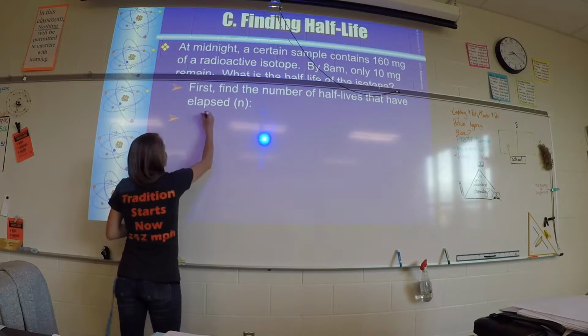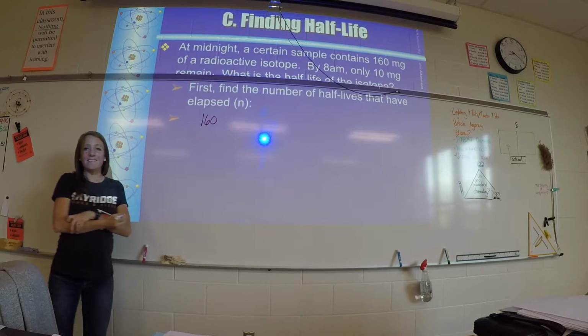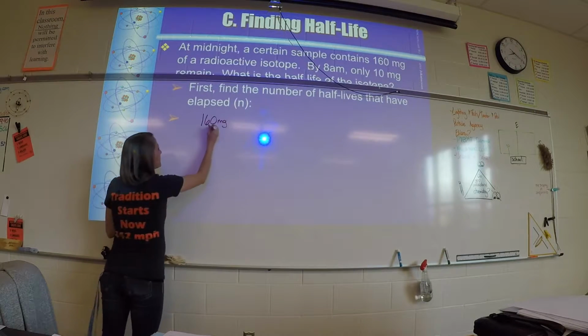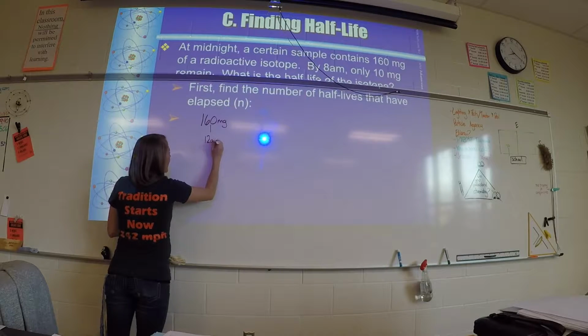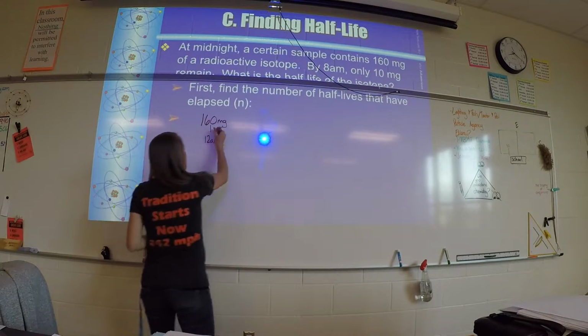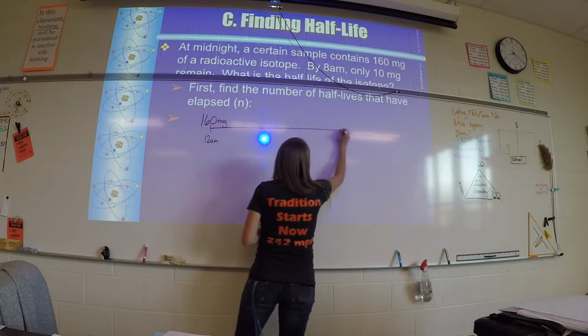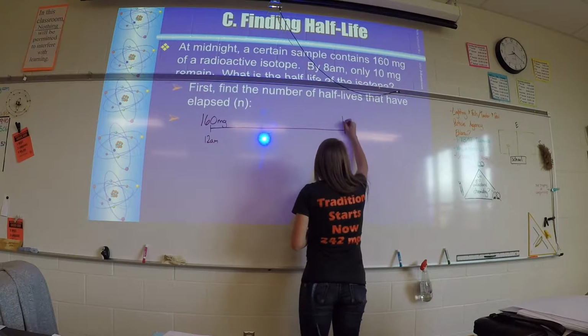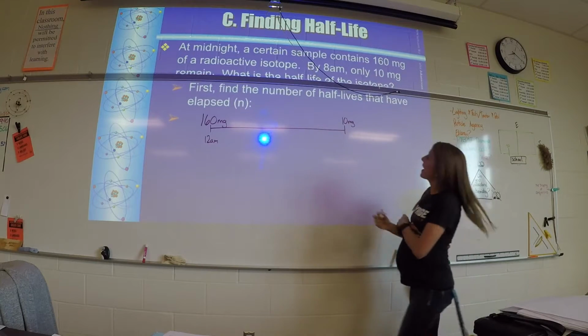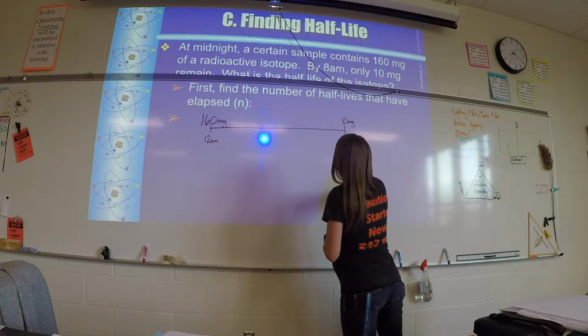Let's imagine I have 160 milligrams of my sample at 12 a.m. I know that this sample is going to break down over time to 10. And I know that happens at 8 a.m.